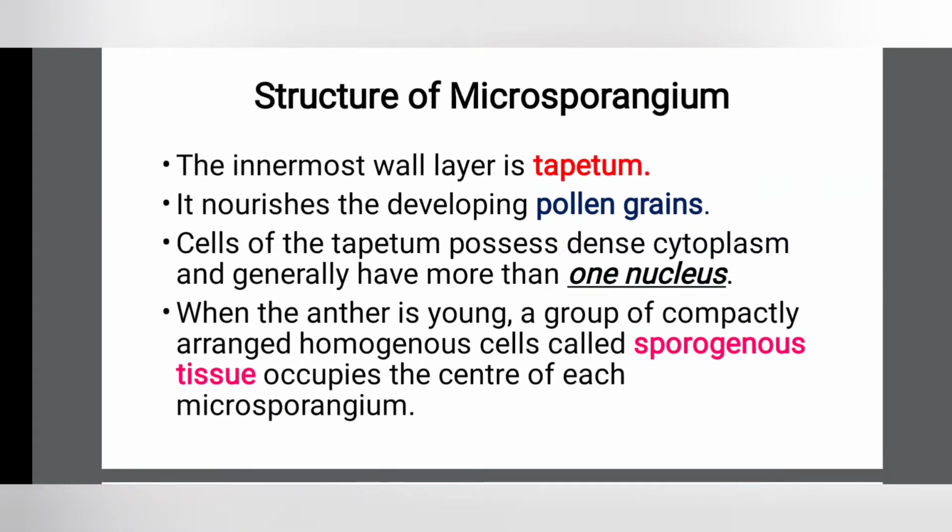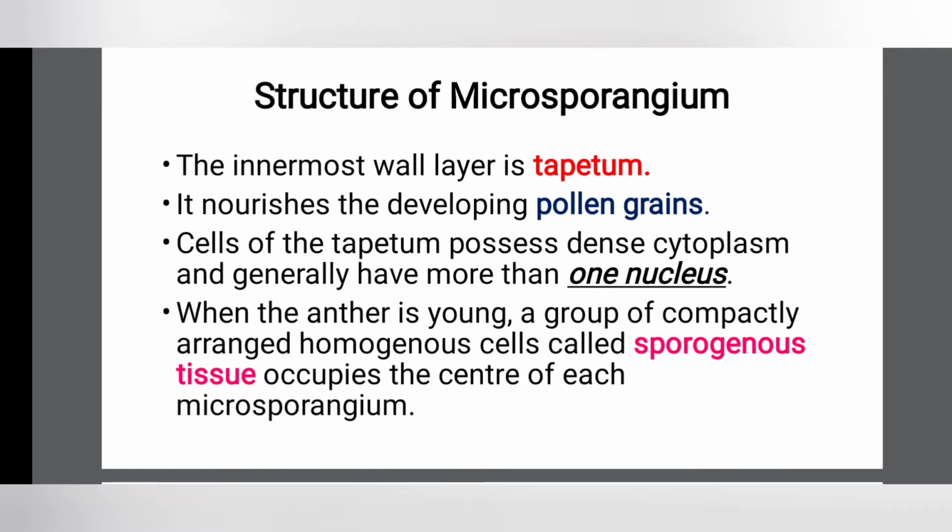Structure of microsporangium. The innermost wall layer is the tapetum. It nourishes the developing pollen grains. It gives all kinds of nourishment to the growing pollen grains. Cells of the tapetum possess dense cytoplasm and have more than one nucleus.